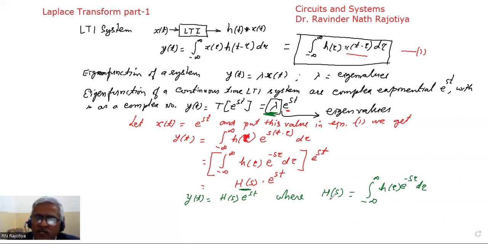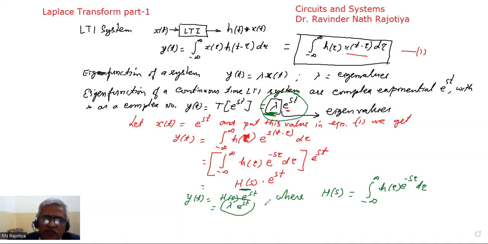So the eigenvalue is H(s), which is nothing but lambda. This is the same equation we have here: lambda times e^(st). This is to be remembered.